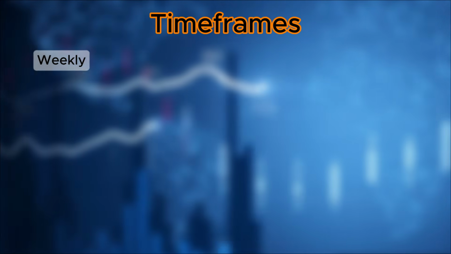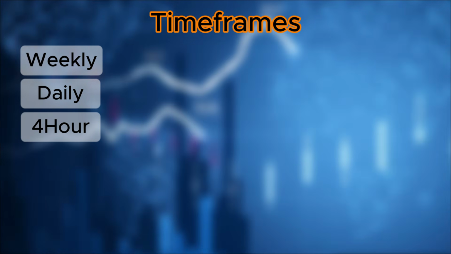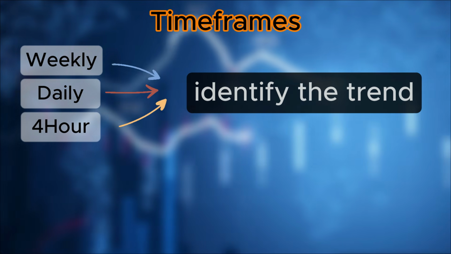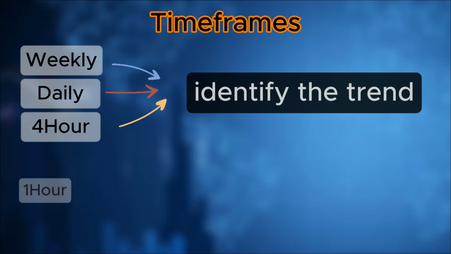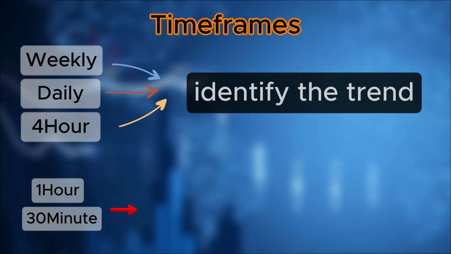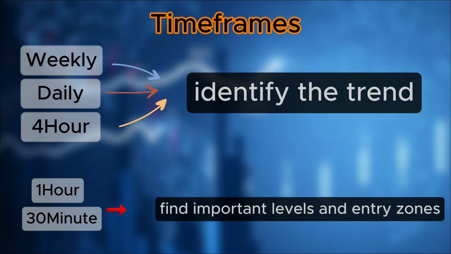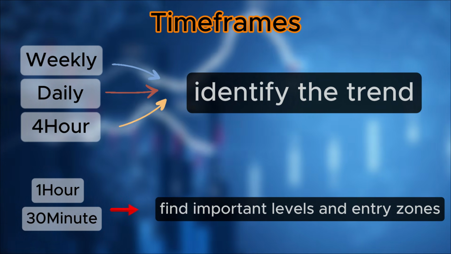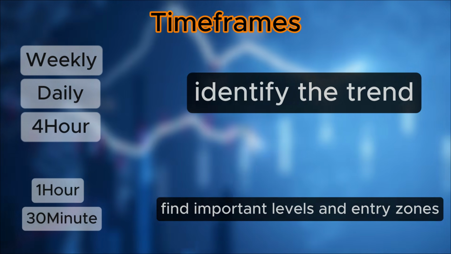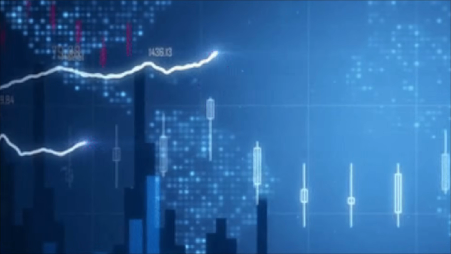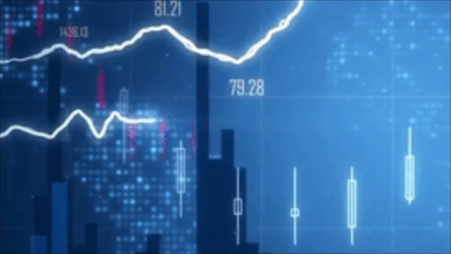We use the higher time frames, weekly, daily and 4H, to identify the trend, and the lower time frames, 1H and 30M, to find important levels and entry zones. Finally, we enter and manage the trade on the 15-minute chart. Though we don't manage much, we mostly take entries and confirmations there.